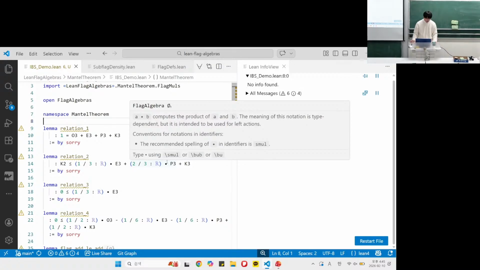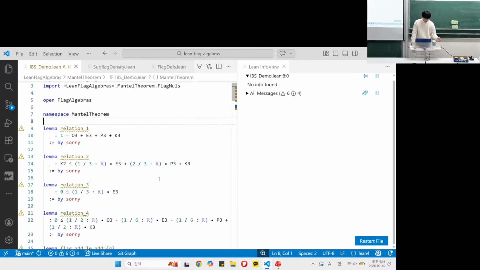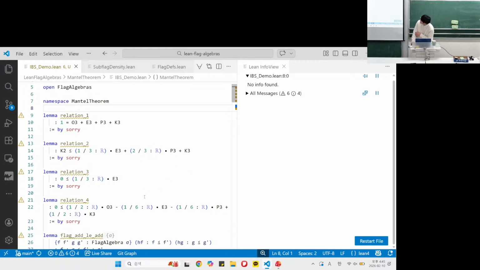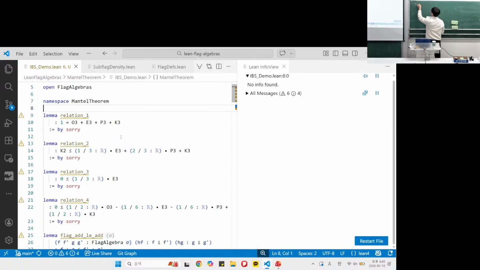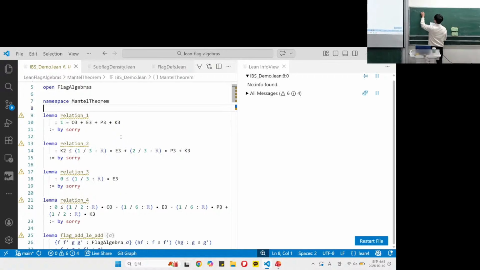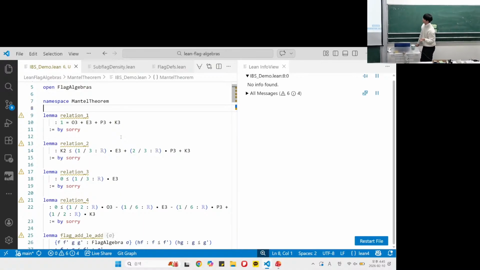First, I prepared all the expressions discussed in the slide using sorry. So you can see one is O3, and before that, I will briefly explain the graph notation. Here, O3 means a 3 vertex graph with no edges.